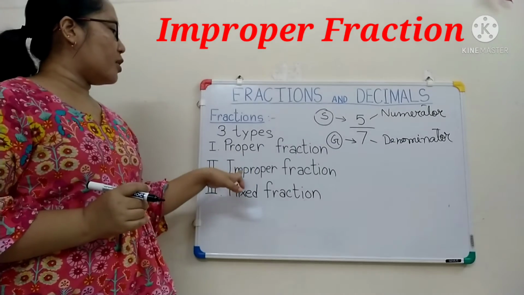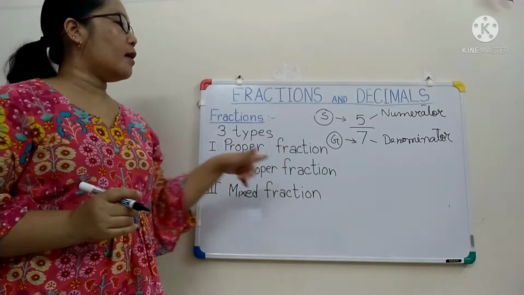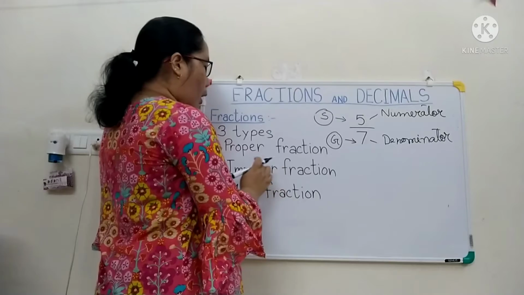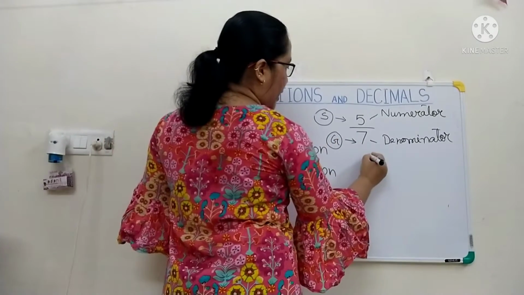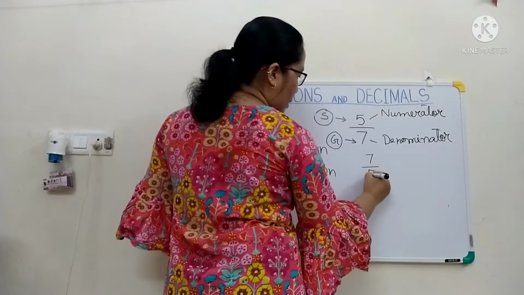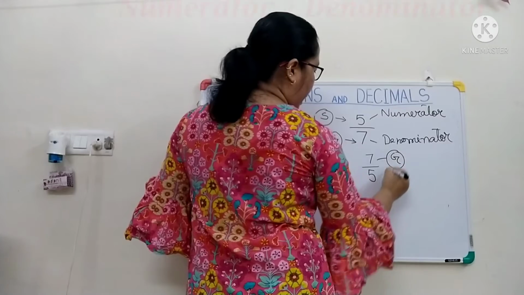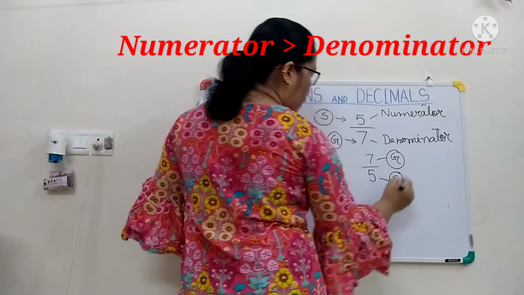Improper fraction is just the opposite of this proper fraction. That means if we convert this example into an improper fraction, then we can write it like this. So here the numerator is greater and the denominator is smaller.